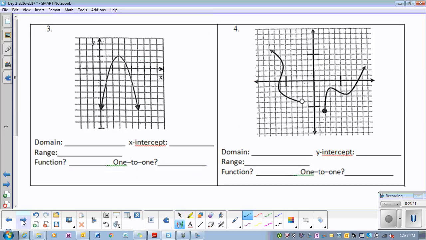Okay, let's try some more. So number 3, what is my domain here? Starting from the left, oh, look at that. I have an arrow on the left. Where's that going? Negative infinity. Eventually this will kind of straighten out, the further out you go.